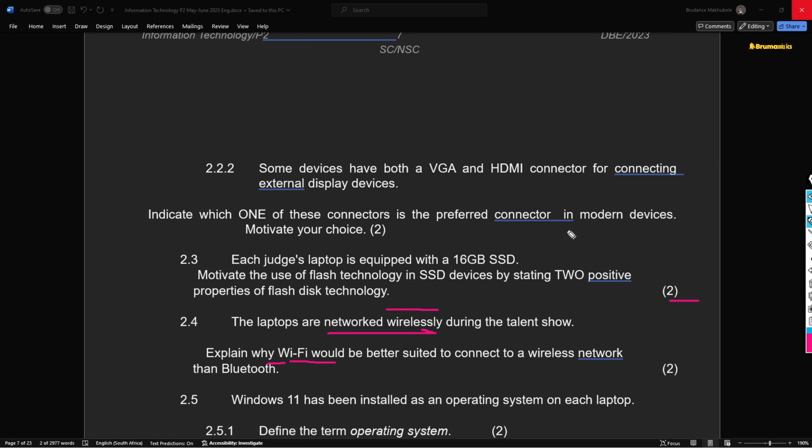So Wi-Fi will be better compared to Bluetooth in terms of the bandwidth. I think I've explained this in part one. Bandwidth, I take it as a pipe. The bigger the pipe, that type of pipe will definitely take out a lot of water, and then the smaller pipe will take less.